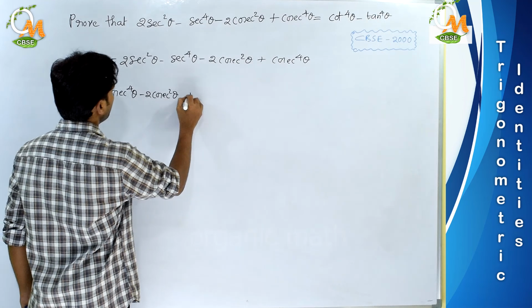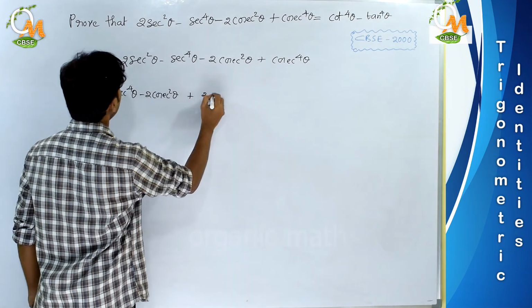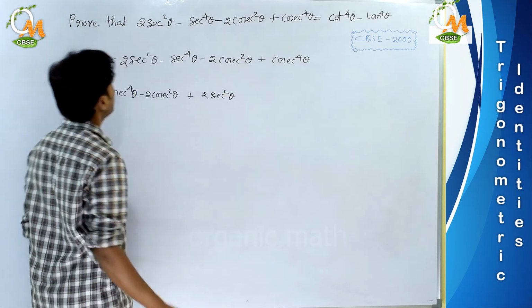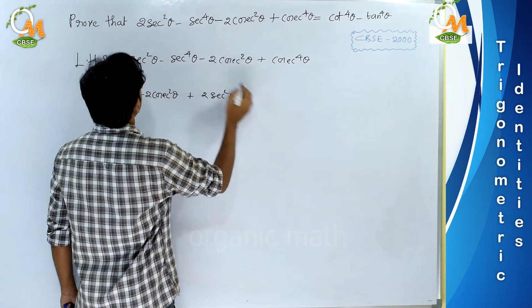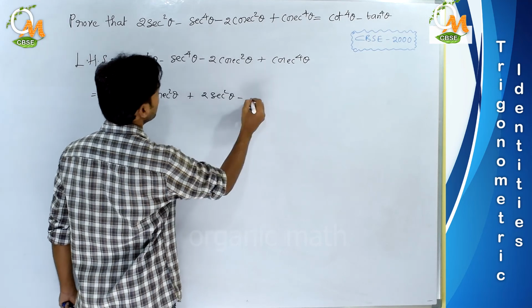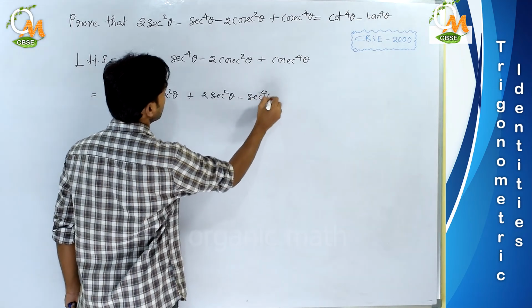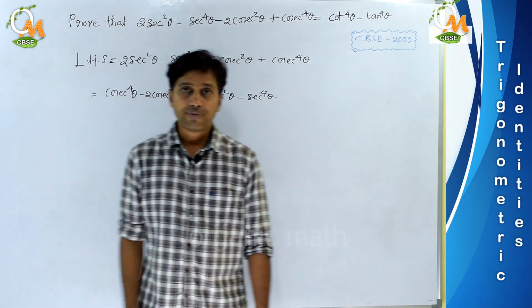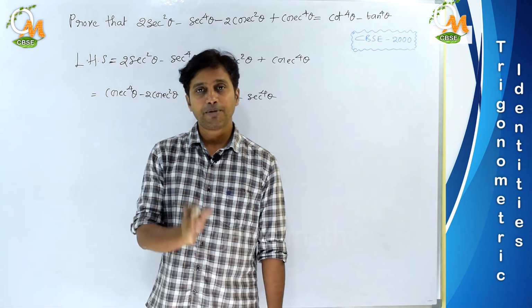And next one would be your 2 secant square theta, and minus secant power 4 theta.